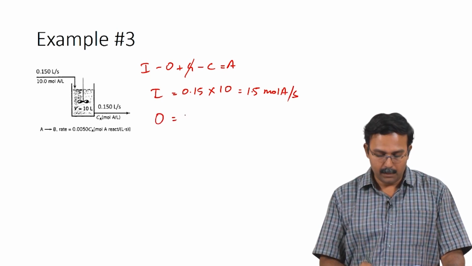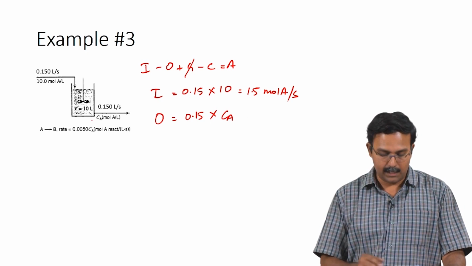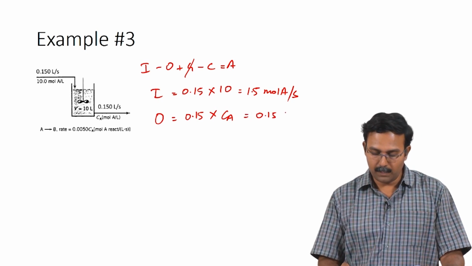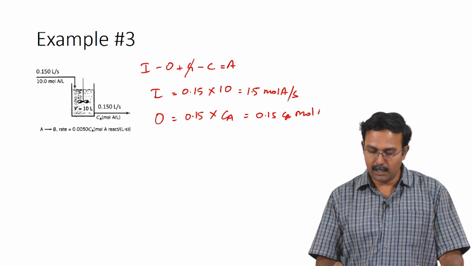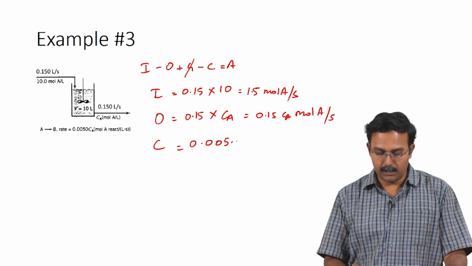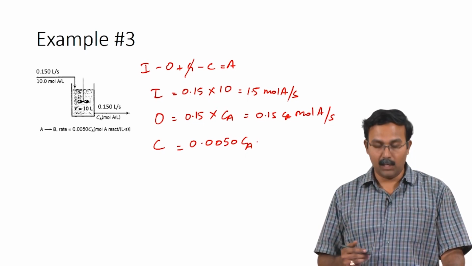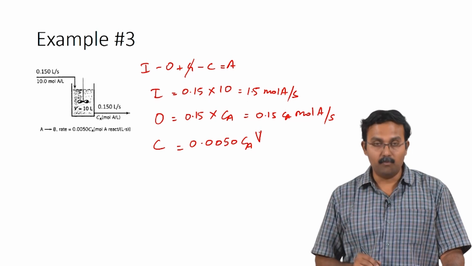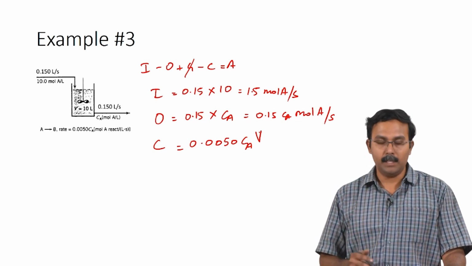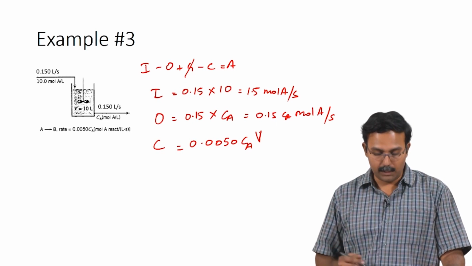Output would be 0.15 times CA. We do not know the outlet concentration, so we will just call it CA as given in the problem. So, 0.15 CA would be the moles of A in the outlet stream per second. The consumption term has been given as 0.0050 CA, which is the rate equation, and as we had discussed already, this has to be multiplied with the volume of the reactor to get the moles of A consumed within the reactor per unit time.